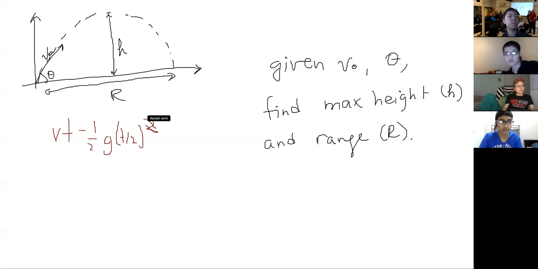T over 2 then equals v naught sine theta over g. And plug in T over 2, and you get half v naught squared sine squared theta over g. Yes, sine squared theta over g. The theta isn't registering.